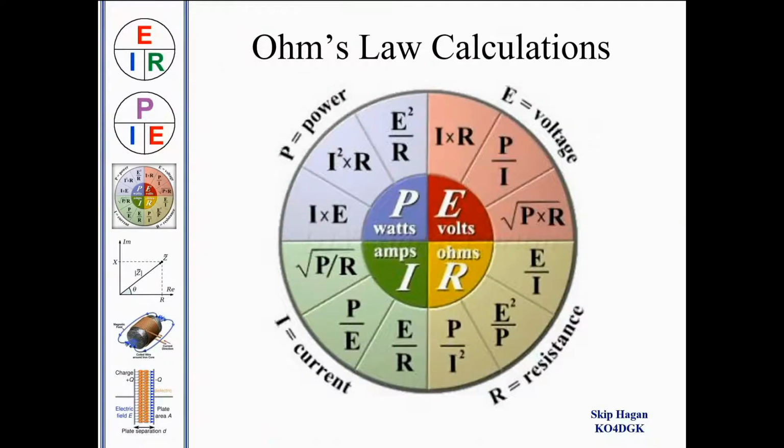Now here is another meme that shows the formulas that may be used to find power, voltage, current, or resistance by knowing any two of the other elements that you may know.